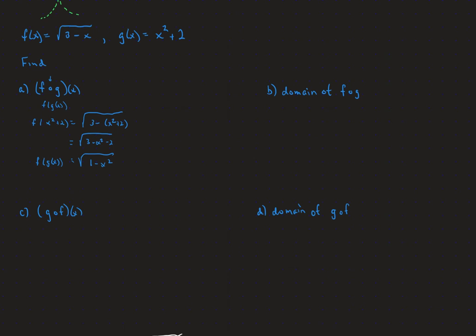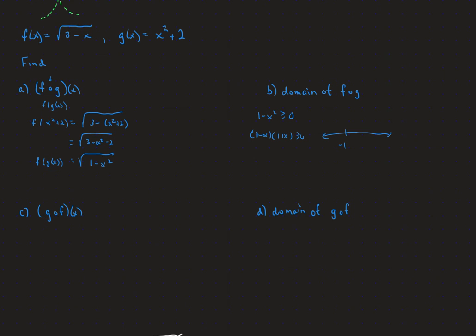Now, to get its domain, what's inside that radical has to be greater than or equal to 0, because a square root's not defined for negatives. We're going to factor that as 1 minus x times 1 plus x, and we want to know what that's going to give us on a number line.